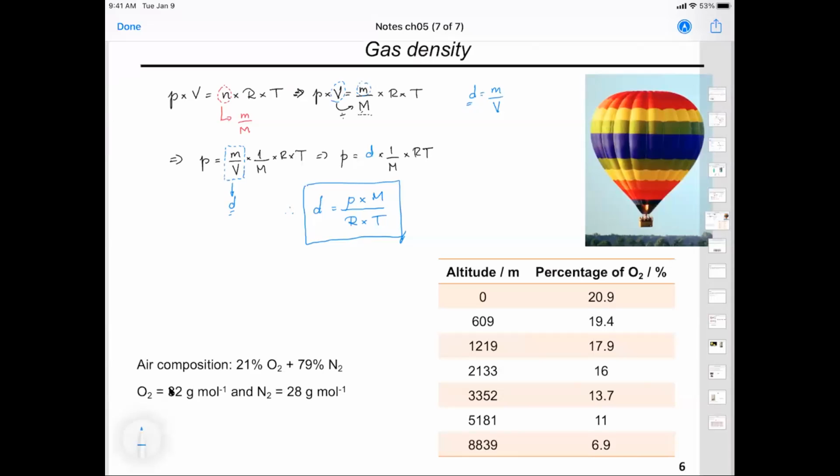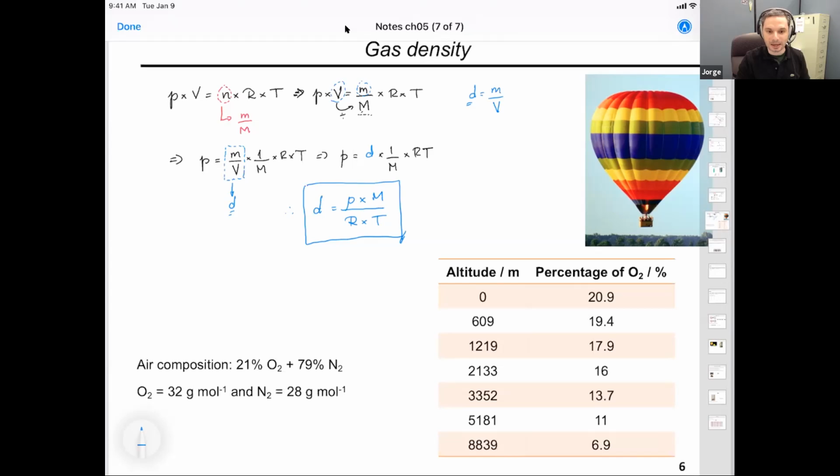Therefore, when we are at sea level, we have more oxygen because oxygen will tend to move down, again, because it's heavier, and going up in altitude, we will have less oxygen. And here the change can be really fast, moving to not so high altitudes, and a huge effect on the percentage of oxygen in the air.